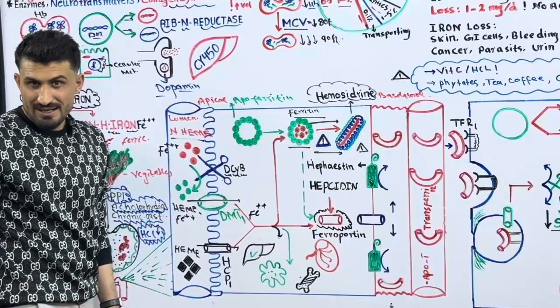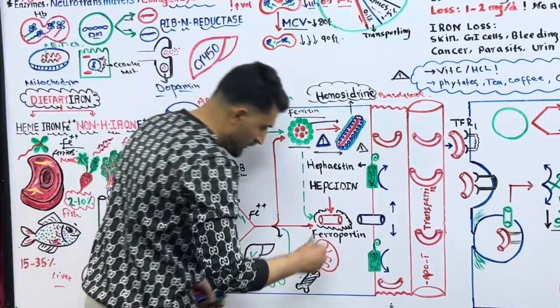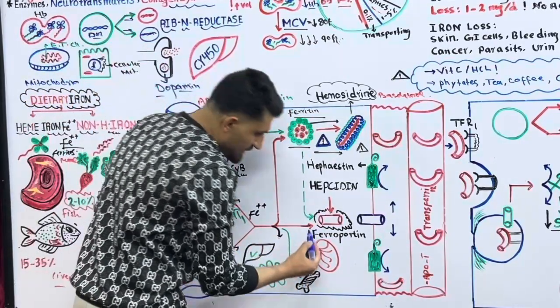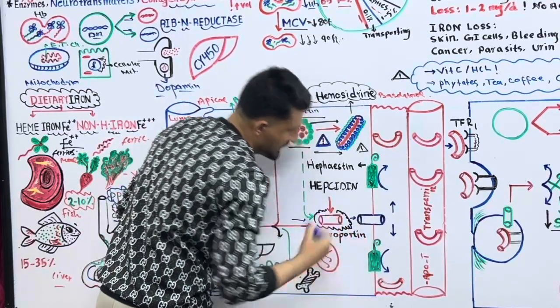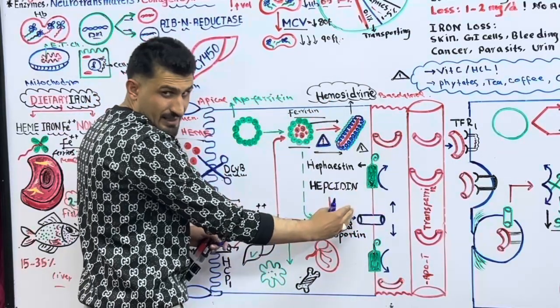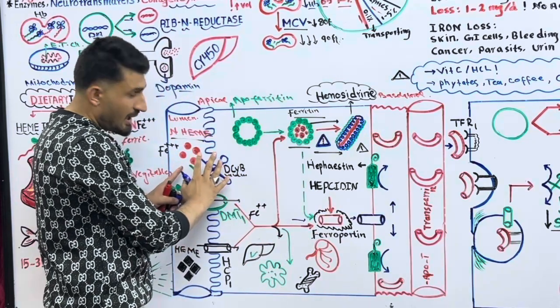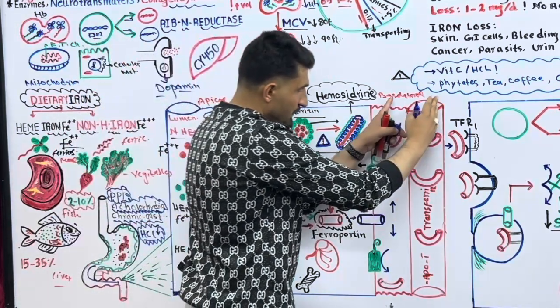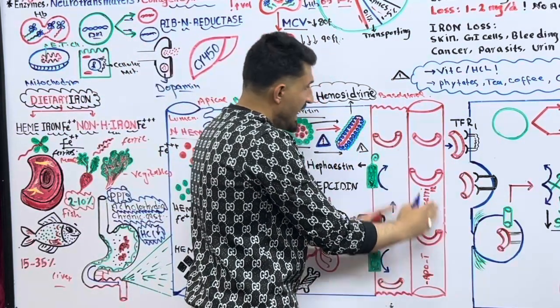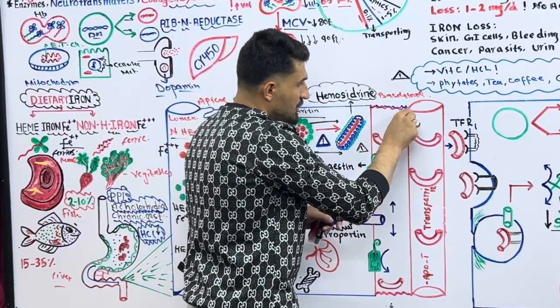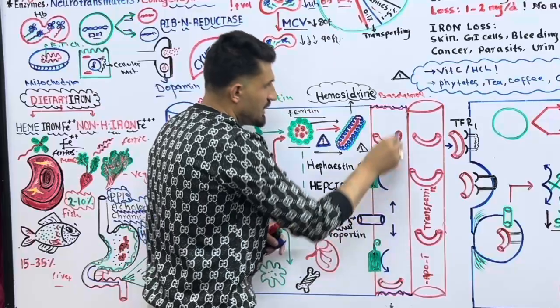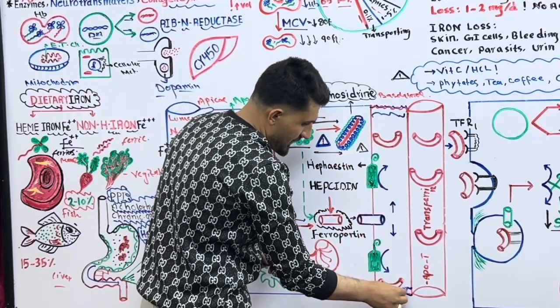Now here we have a duodenal cell, and here we have a blood vessel. Between the blood vessel and our cell we have an extracellular area.